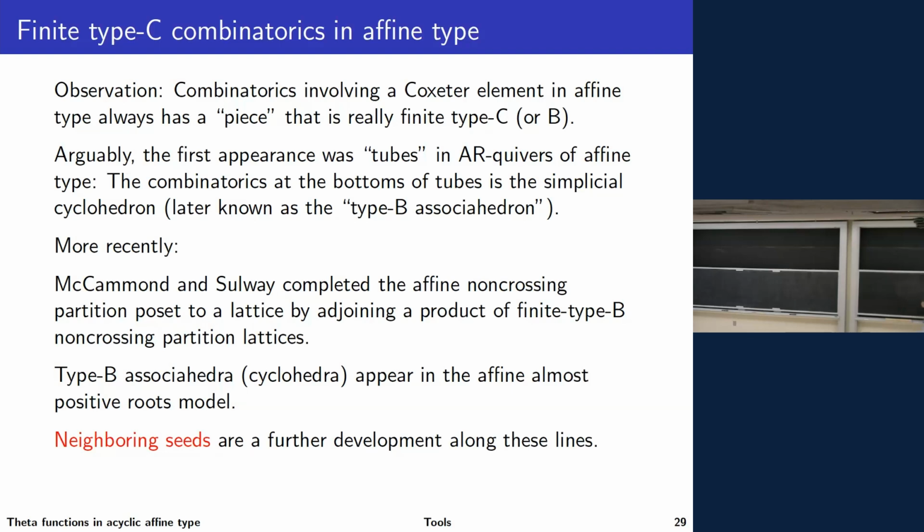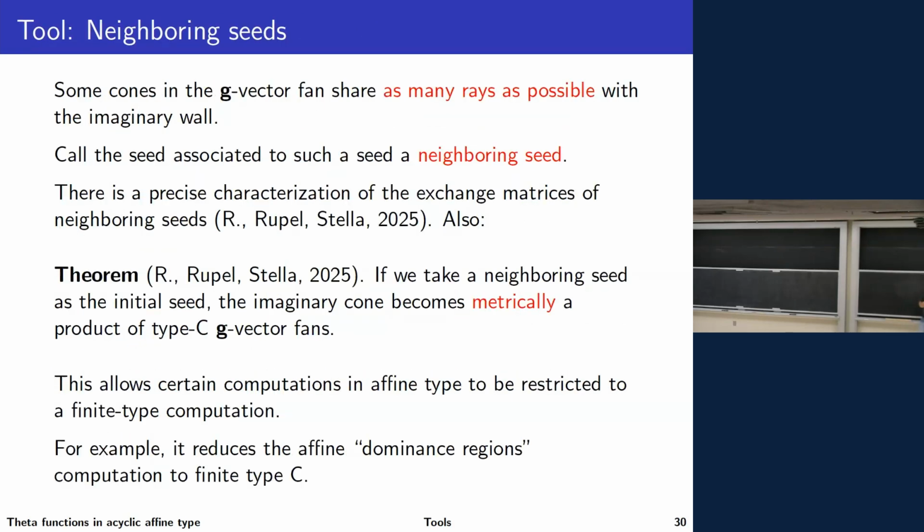Neighboring seeds are a further development along these lines. And let me just cut to the picture quickly. You can find a choice of seed in affine type where the imaginary cone is cut into smaller cones, in a way that's not just combinatorially type C, but metrically type C. And once you have that, then when you're doing certain mutations in the cluster algebra of affine type, you're really secretly doing these finite mutations in type C where you know everything.